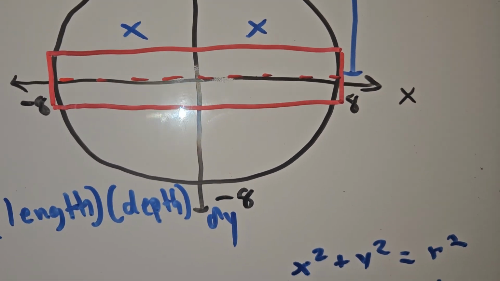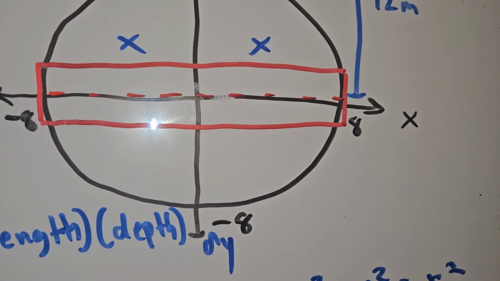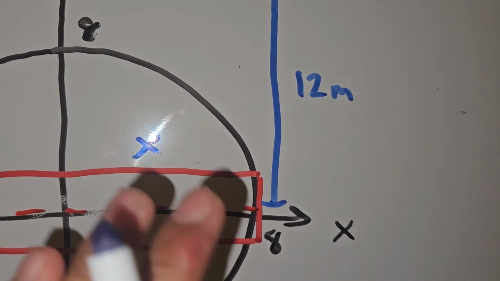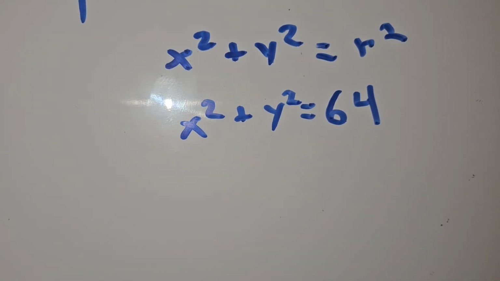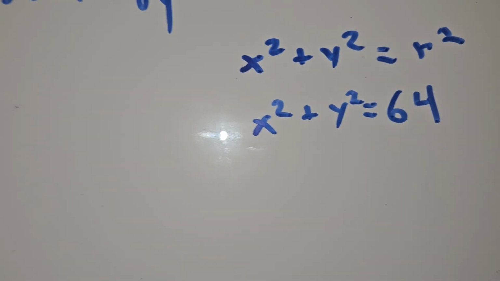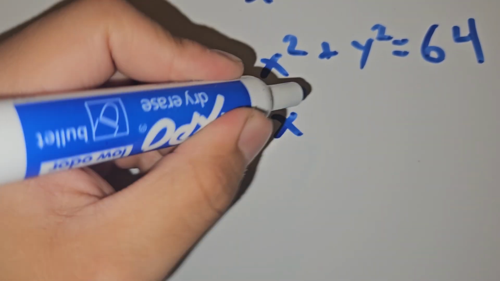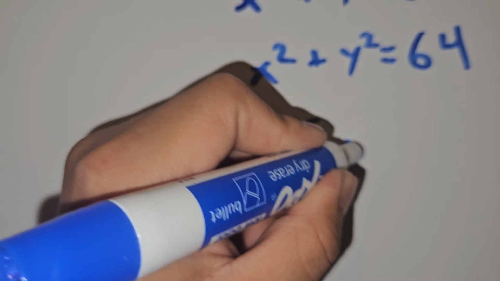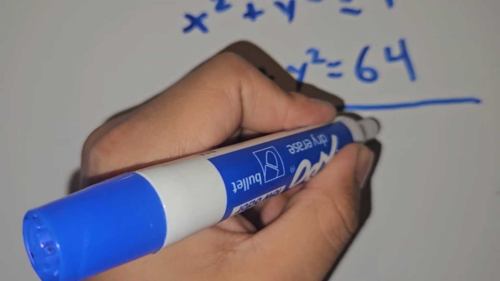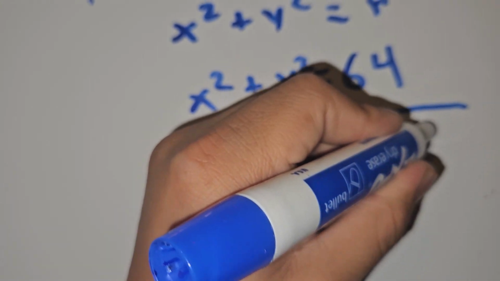And we want to find out what x is equal to. The length is equal to 2x, so let's find out what just this 1x is equal to. In order to do that, we're going to subtract y squared from both sides and take the square root. So x is equal to the square root of 64 minus y squared.